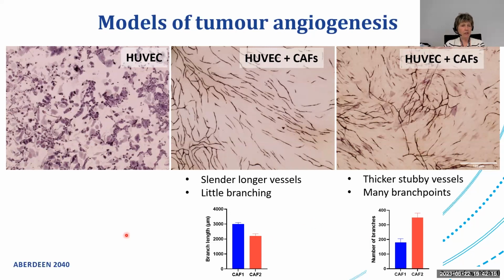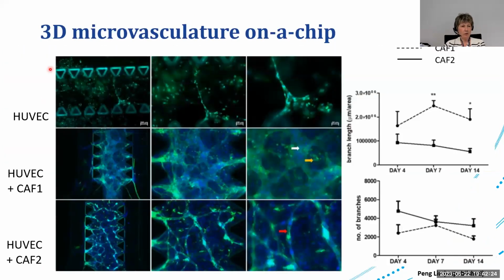So we have a microfluidics facility here, and we can make chips to address various biological questions. So this was looking at the 3D microvasculature on a chip. Here we have our HUVEC cells. This is the channels of the chip here. It's been turned around 90 degrees in this one.